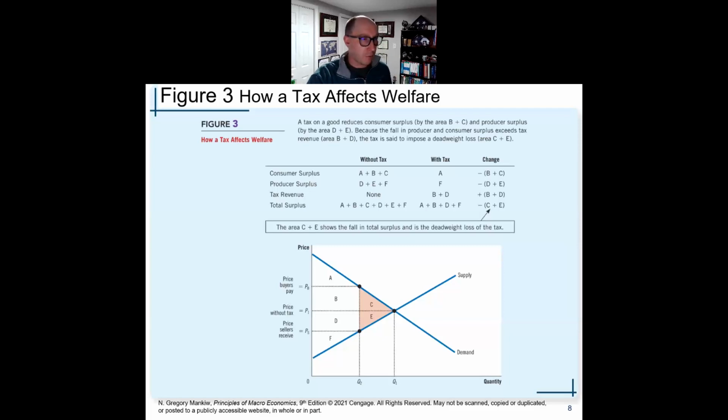The reason they call it a deadweight loss is simply that the tax does not belong to the buyer or the seller. It belongs to the government. So both the buyers and the sellers have to pay tax to the government for goods and services bought and sold. That's what that means.